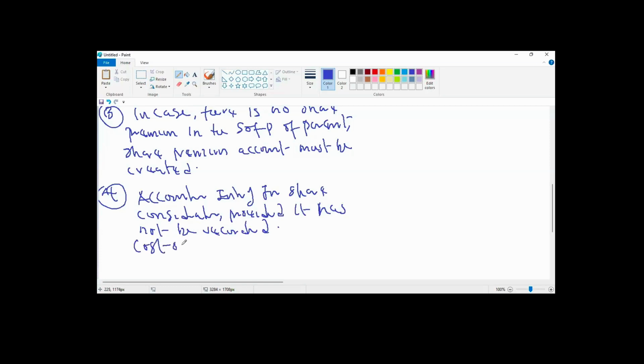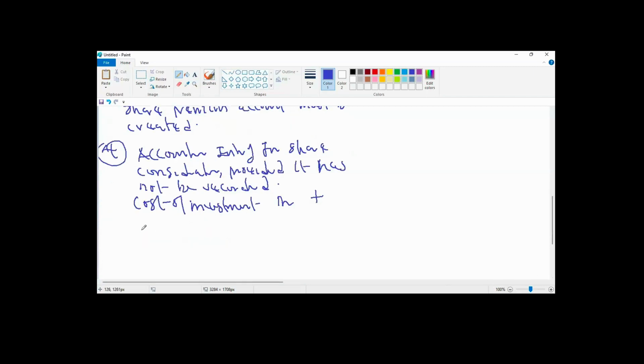Cost of investments, debit. Equity shares, credit. To create a premium, credit.